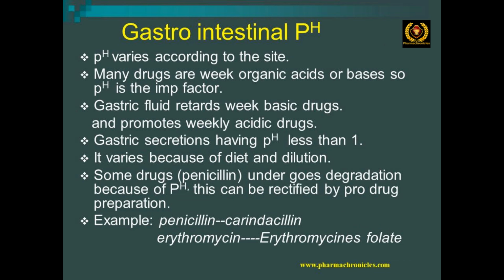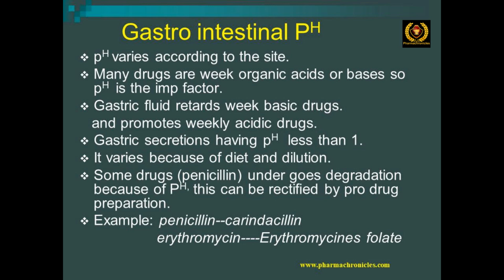Gastrointestinal pH. pH varies according to the site. Many drugs are weak organic acids or bases, so pH is an important factor. Gastric fluid retards weak basic drugs and promotes weakly acidic drugs. Gastric secretions have a pH of less than 1. It varies because of diet and dilution.